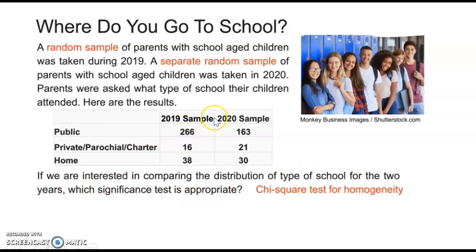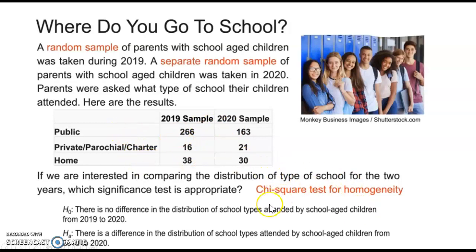Well, hopefully you see you have two different populations, and we're comparing to see if there's a difference between the two. So that's homogeneity. We don't have one population where we're trying to see if multiple categorical variables are independent or dependent. That would be the chi-squared test for independence. So two populations comparing the same variable with multiple categories would be homogeneity.